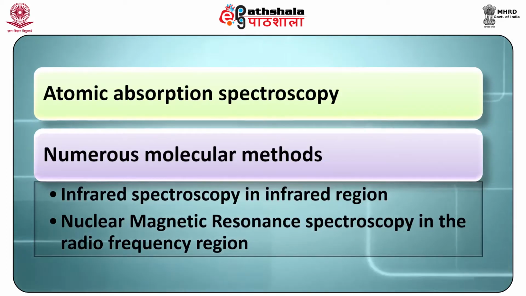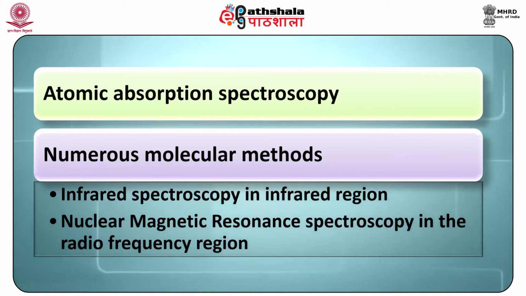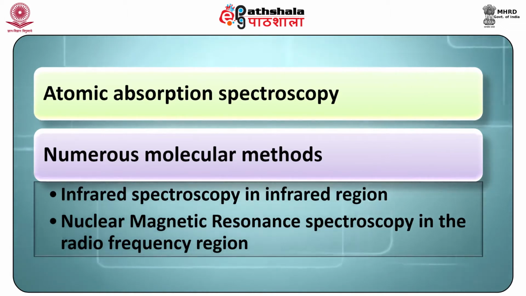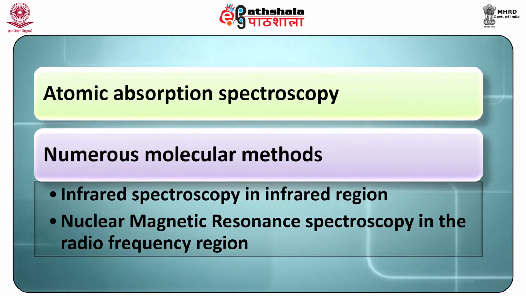This comprises the atomic absorption spectroscopy and numerous molecular methods, including infrared spectroscopy in the infrared region and nuclear magnetic resonance spectroscopy or NMR spectroscopy in the radio frequency region.